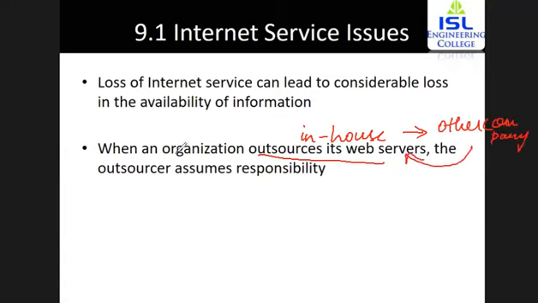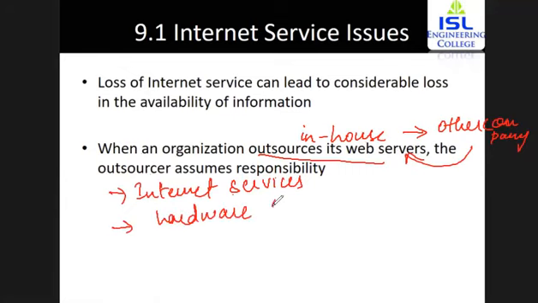Now, when all of your organization's different services are outsourced, the outsourced company is going to be responsible for all the internet services, all the hardware, and the operating system software that is used to operate the website.